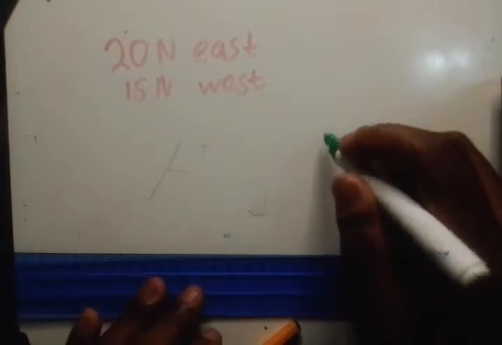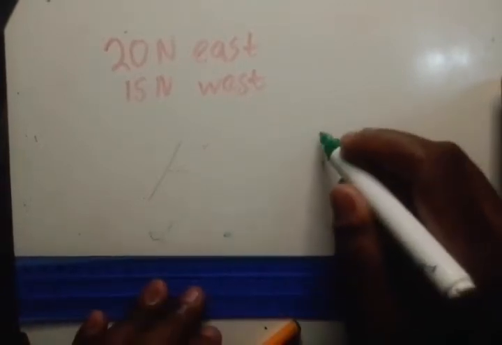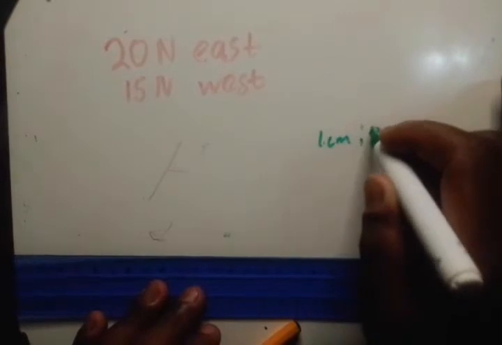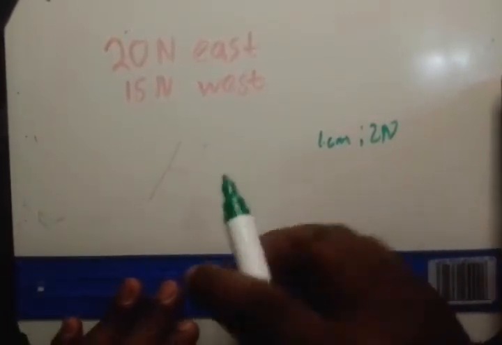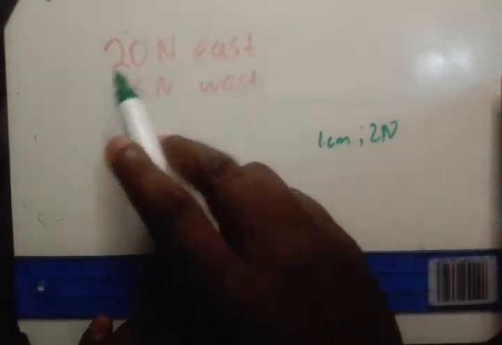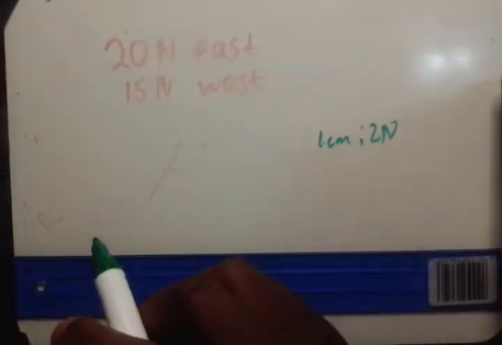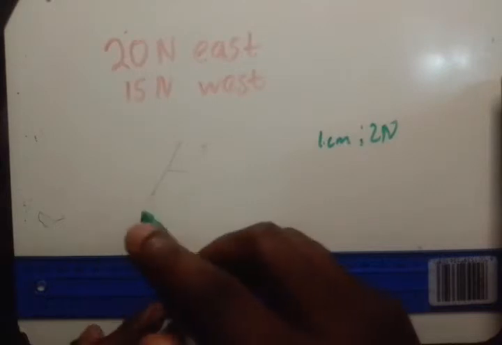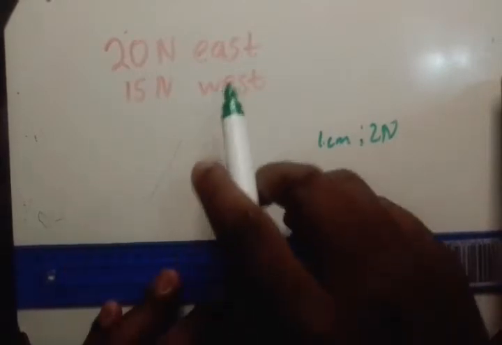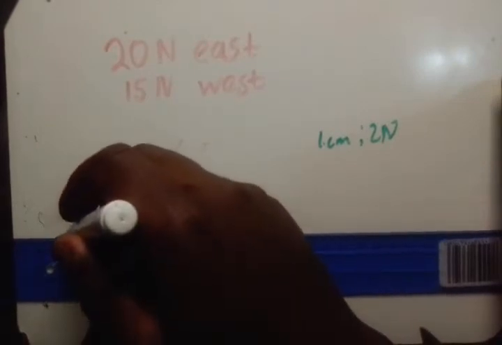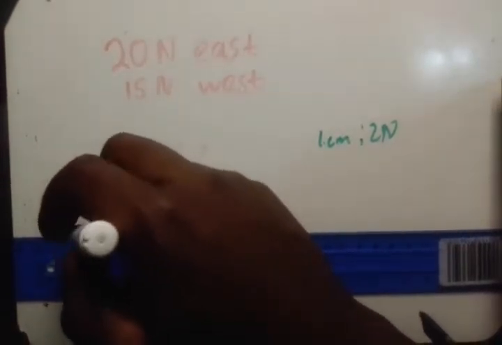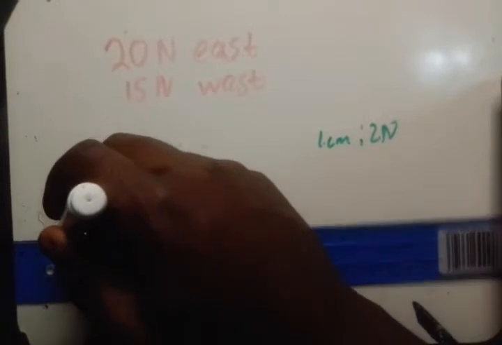Let's say the scale is 1 centimeter represents 2 newtons. So if this is 20 newtons, I'm going to have to draw an arrow of length 10 centimeters, and east is towards the right. So let's measure 10 centimeters there.